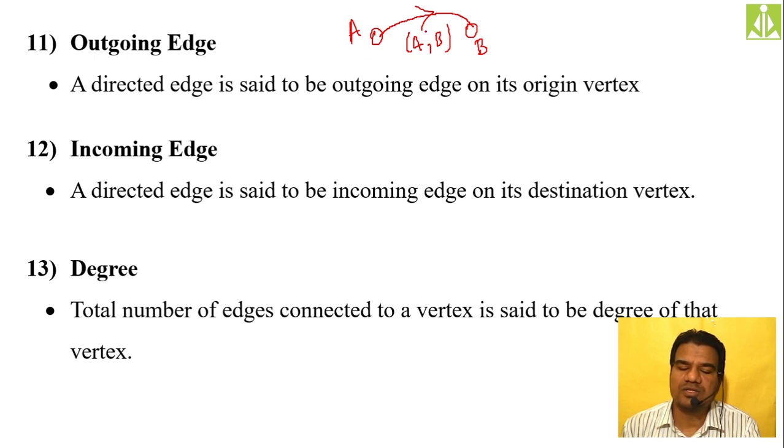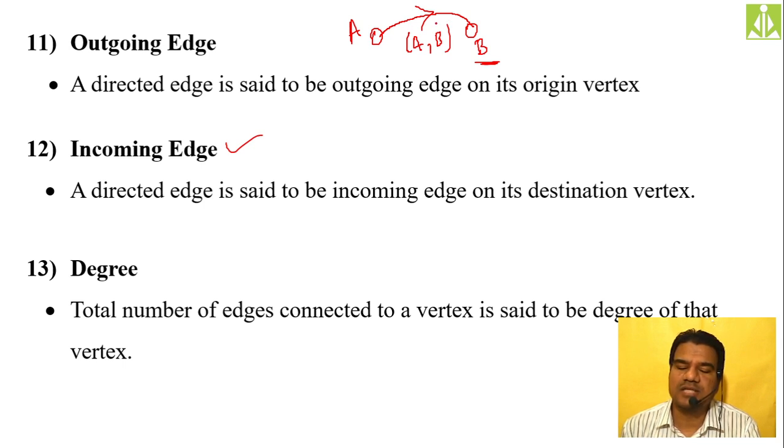Then incoming. Consider the same thing. For vertex B, the edge AB is an incoming edge because it is entering into that B node.